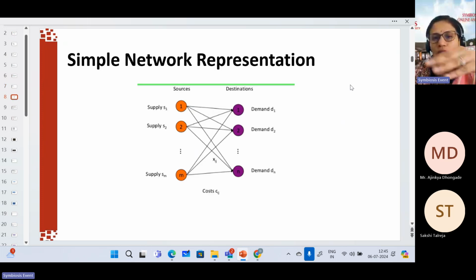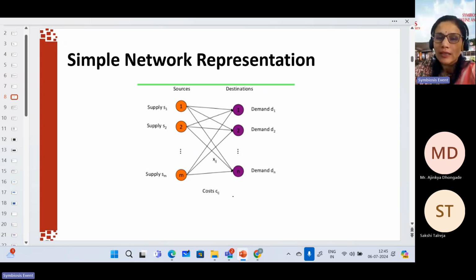Now, let's say I have 1 to m sources, the places where production is going on. The produced values I need to forward to the destinations, so I have destinations from D1 to Dn.